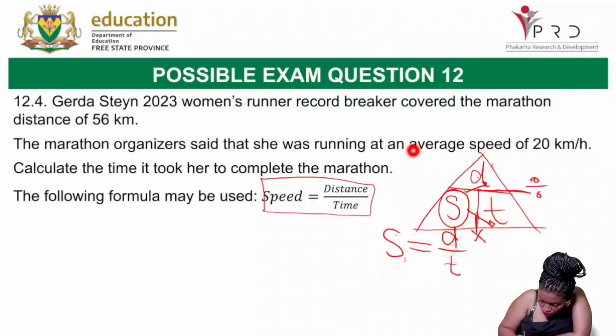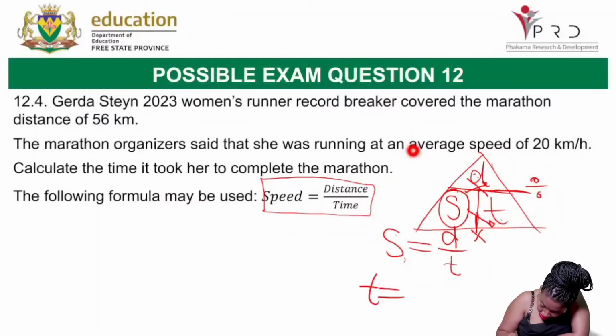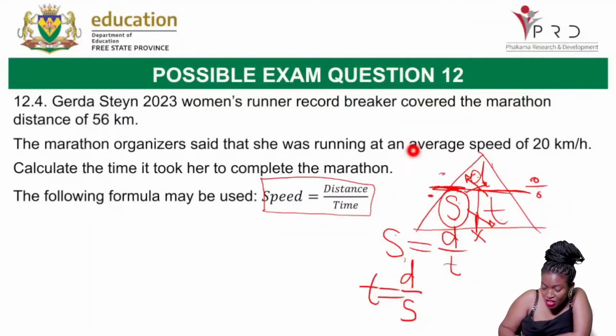If I was looking for time, time would be equal to, you ask yourself again, what is on top of time? It is the D. You write the D. And what is at the bottom? It is the S. Between D and S, there's this line. And remember, this line means division. So if you want time, it is equal to distance over speed.